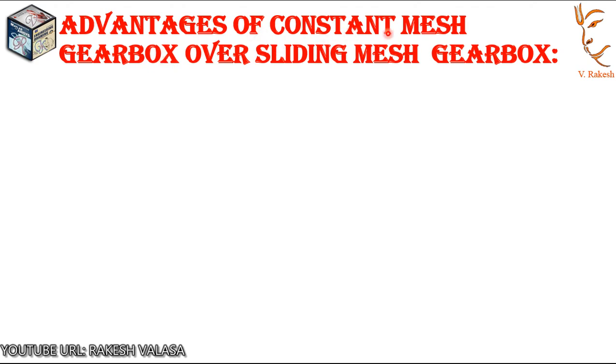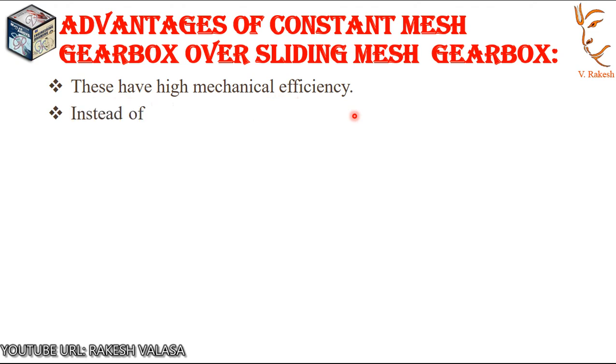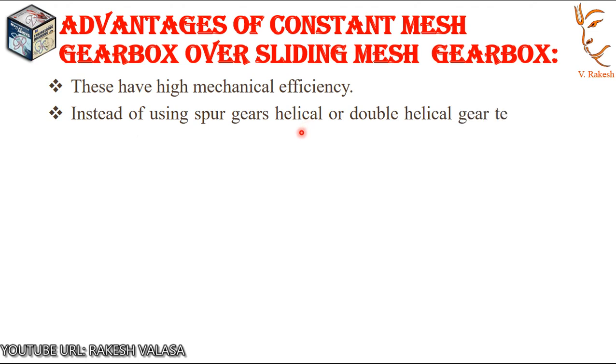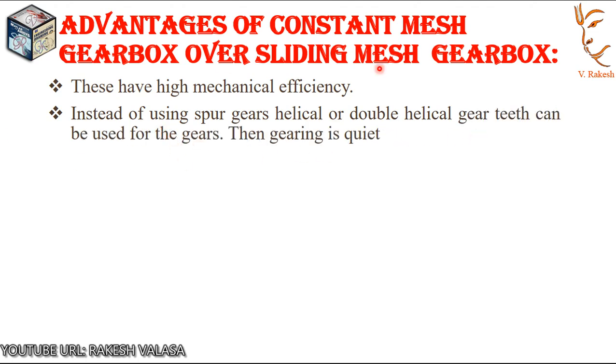Advantages of constant mesh gearbox over sliding mesh gearbox. These have high mechanical efficiency. Instead of using spur gears, helical or double helical gear teeth can be used for the gears. Then gearing is quieter.